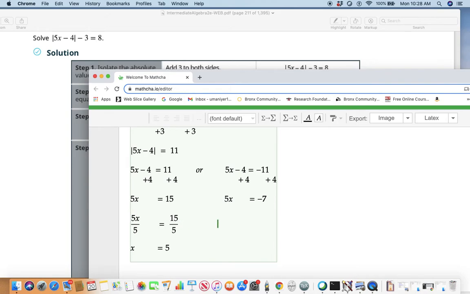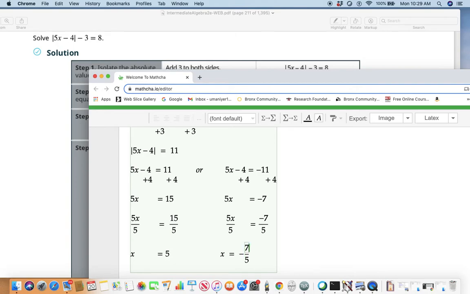To solve for x, we have to divide by 5. So x equals negative 7 over 5. I can write it with an overall negative because negative over positive is a negative value.